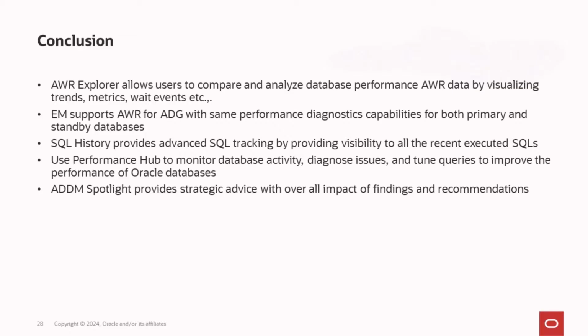EM supports AWR for ADG with the same performance diagnostics capabilities for both primary and standby databases, allowing users to generate AWR reports for ADG with less complexity compared to the prior setup.